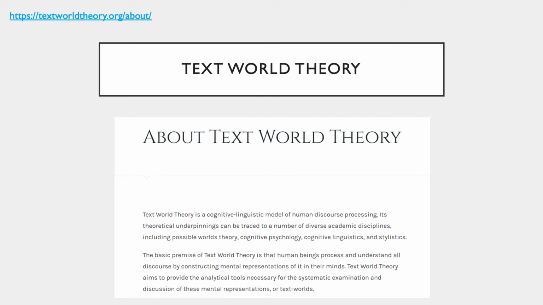And as it says there, the basic premise for text world theory is that human beings process and understand all discourse by constructing mental representations of it in their minds.